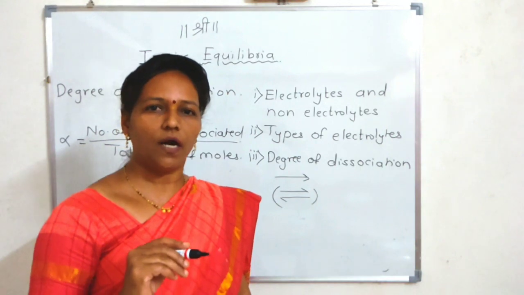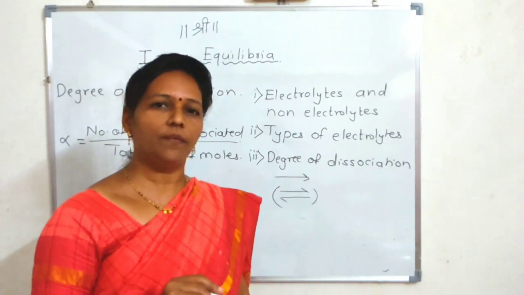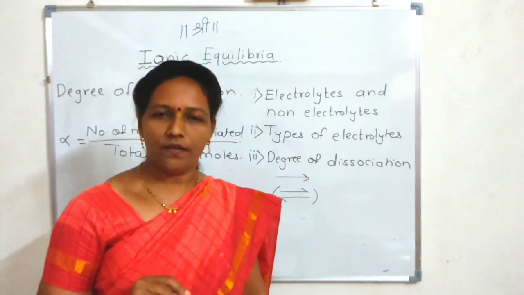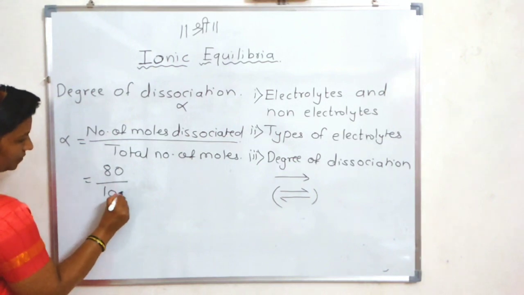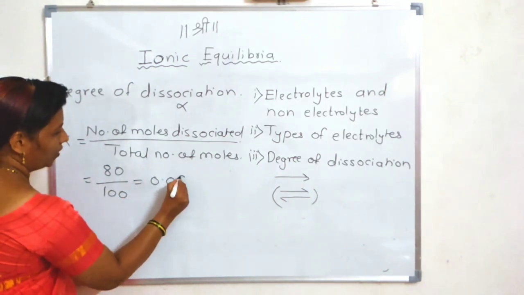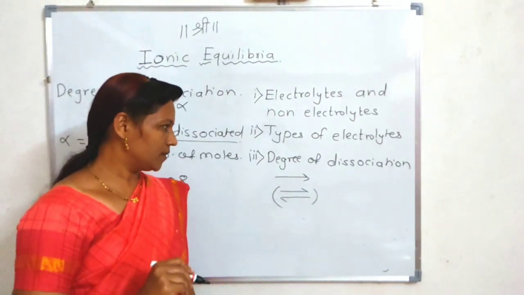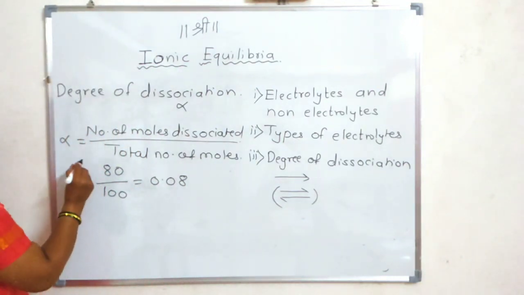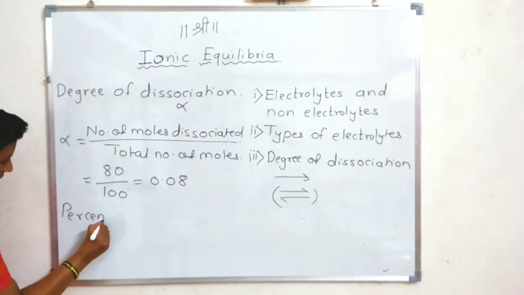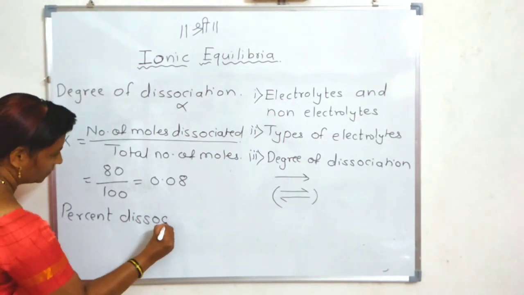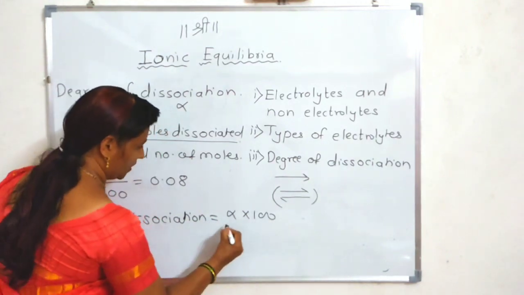If out of 100 moles of strong electrolyte, 80 moles are dissociated at equilibrium, then the value of alpha is 80 by 100, that is 0.8. And to calculate percent dissociation: percent dissociation is equal to alpha into 100.